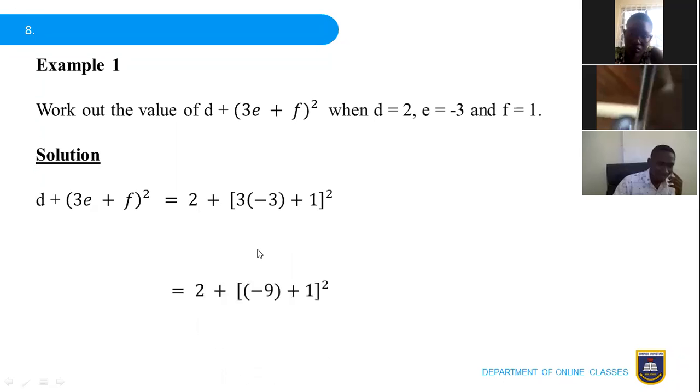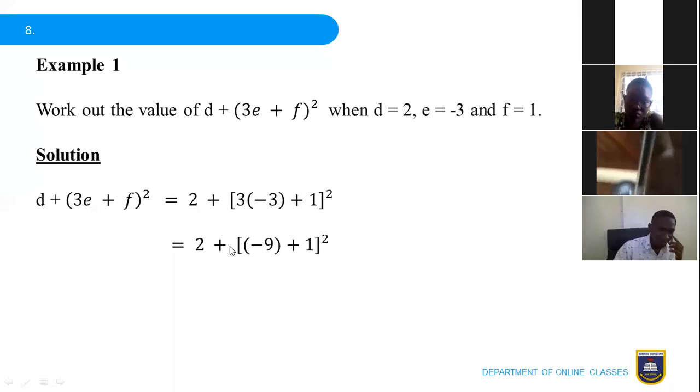This will be equal to 2 plus 3 times negative 3, which gives negative 9, plus 1, and all that squared. If you simplify what is in the bracket, negative 9 plus 1 gives negative 8, all squared.